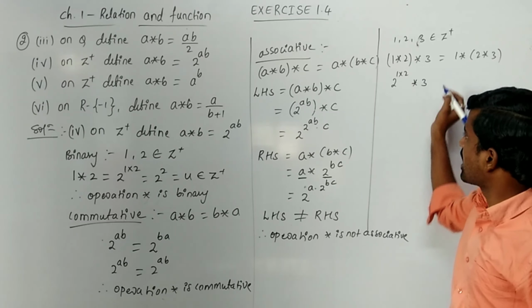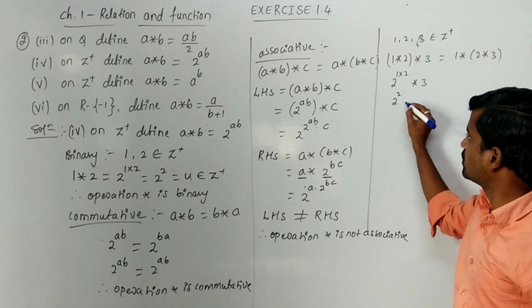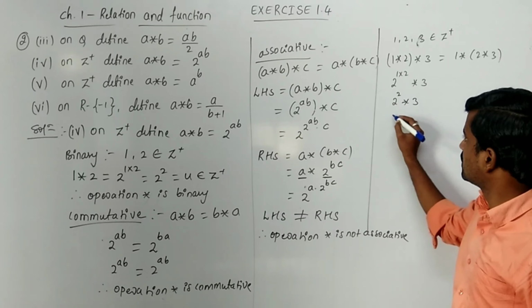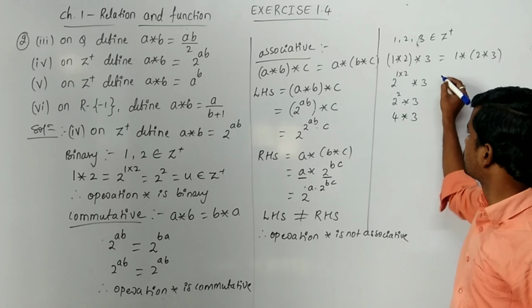This star 3 as it is: 2 to the power of 2 star 3. 2 to the power of 2 means 4 star 3.